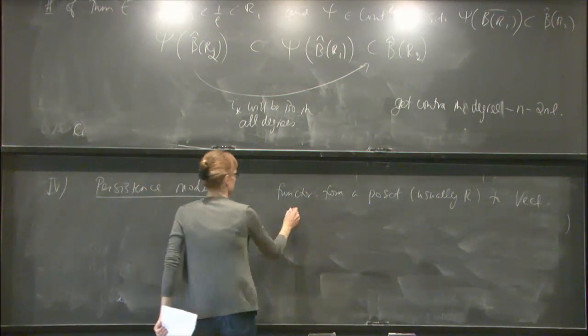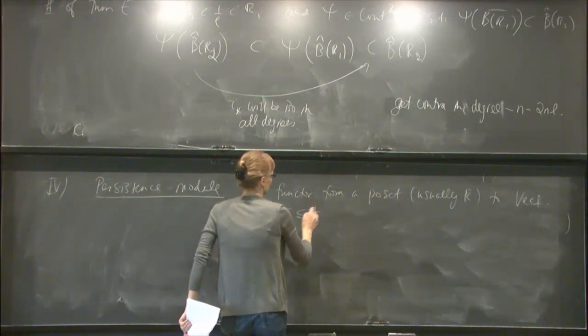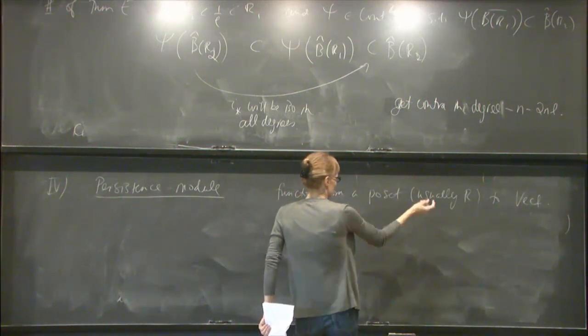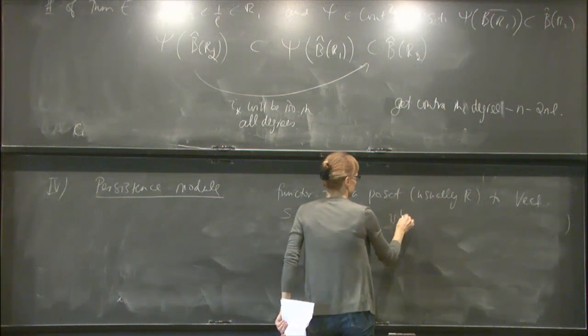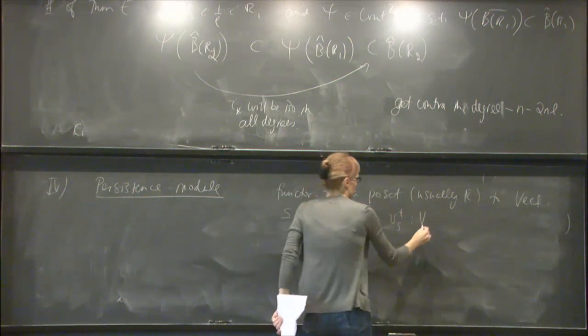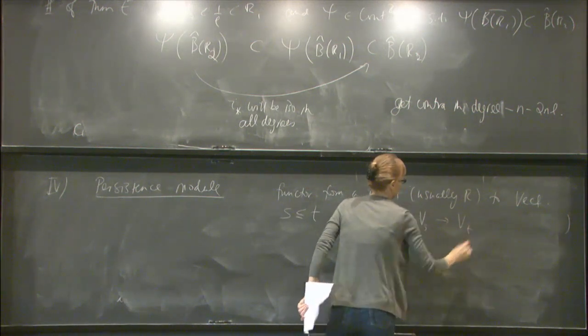The point here is that if S is less than or equal to T, we're supposed to induce some map V_ST from the vector space for S to the vector space for T.